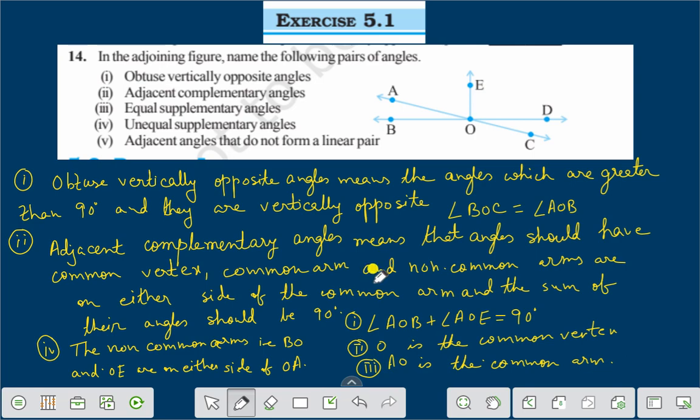Why is it complementary? Because angle AOB plus angle AOE is equal to 90 degree. O is the common vertex, AO is the common arm, and the non-common arms, that is BO and OE, are on either side of the common arm OA, right. This is the solution of question number 2. Now we will solve question number 3.